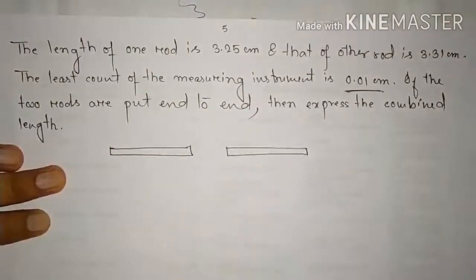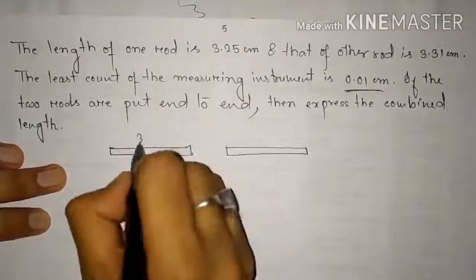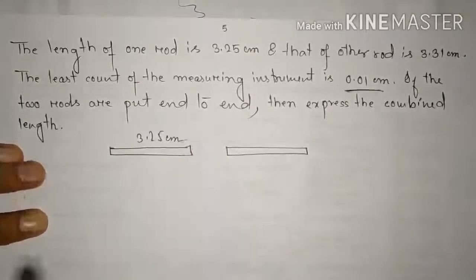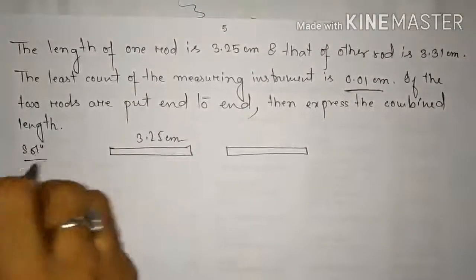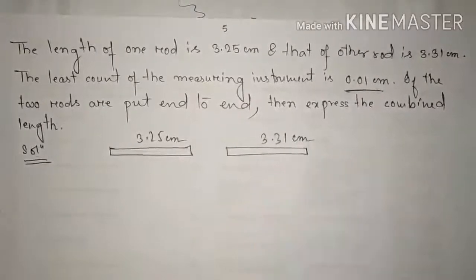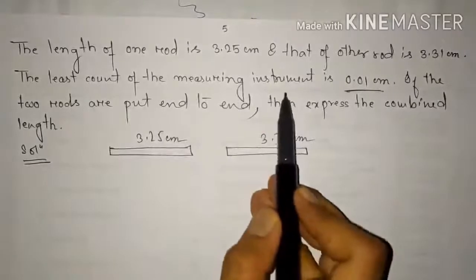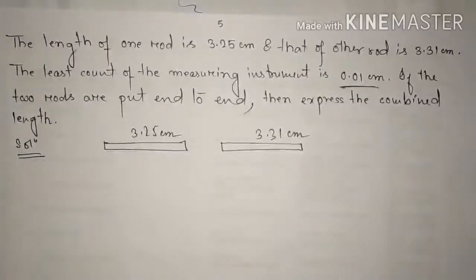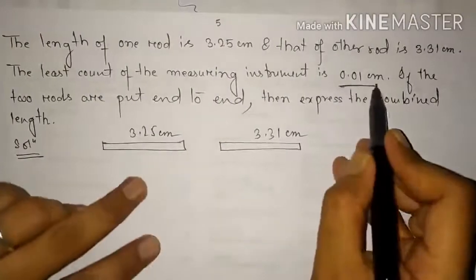Say one rod is 3.25 centimeter and another rod is 3.31 centimeter. And the least count of the measuring instrument, that means the device with which the length was being measured, that instrument's least count was 0.01 centimeter.